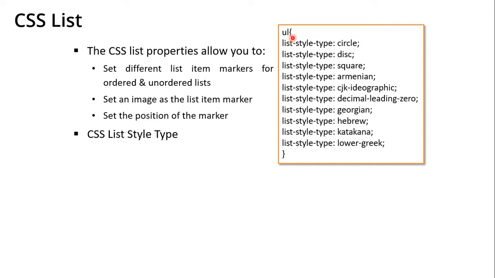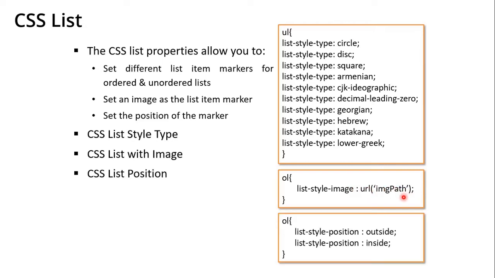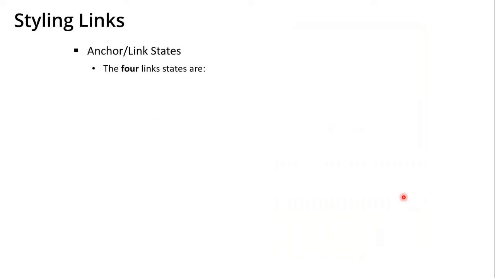You just have to remember that in the UL tag you write list-style-type colon, then circle or square, etc. List with image: if you want to provide an image, then you provide the URL for the image path. List position: outside, inside.